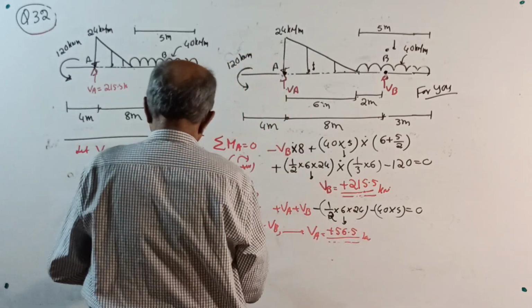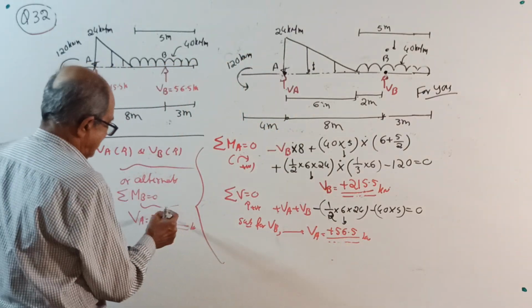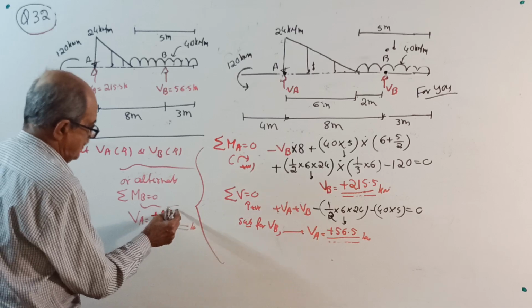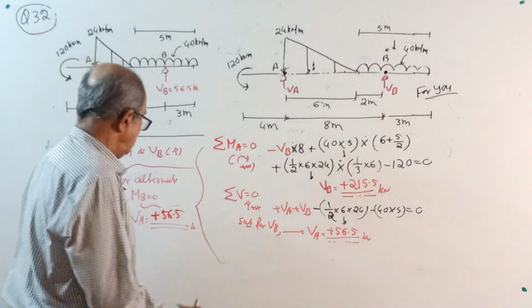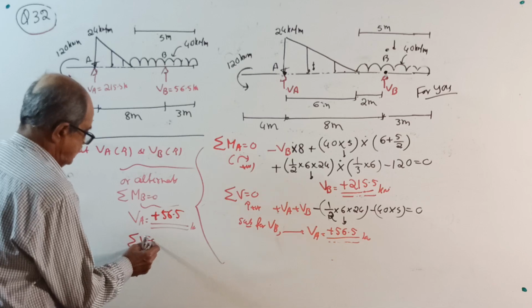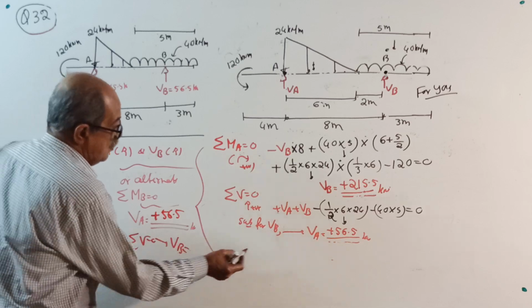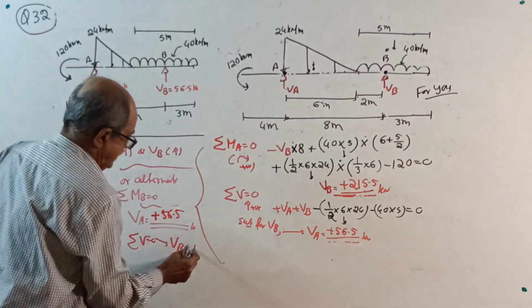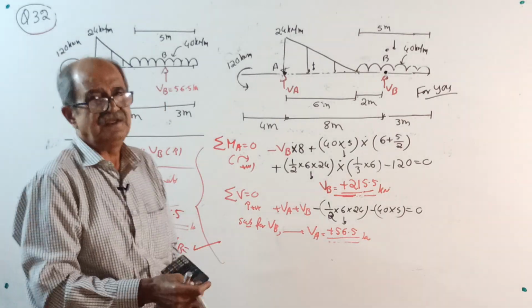Oh, correct. I am getting the same answer. Okay, correct. This is because of a calculation problem. 56.5 kilonewton. Then make sigma V equal to 0. You get the value of VB. What answer did you get there? Same VB will come here also. Okay, solve the question. Calculation problem.